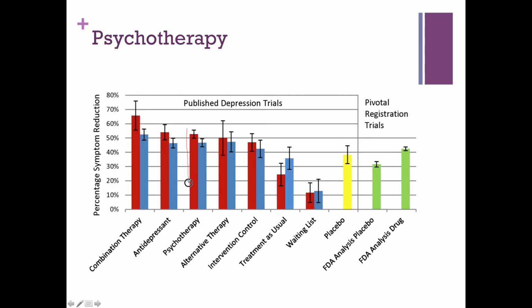We want to have some reduction, so that's a little bit over 50. But what's interesting now is if we look at those on just antidepressants, those are the same levels. So what we see is that the drugs have the same amount of reduction in depression as did counseling.